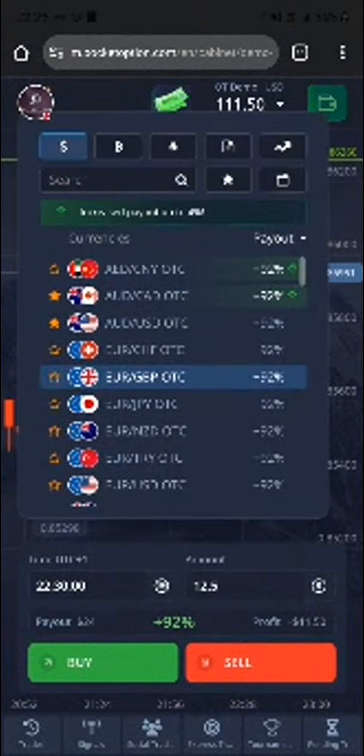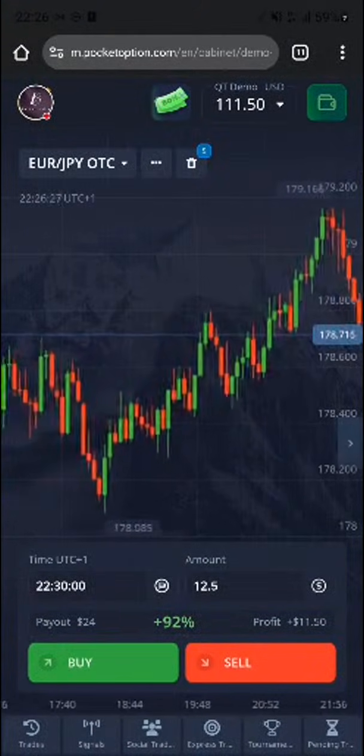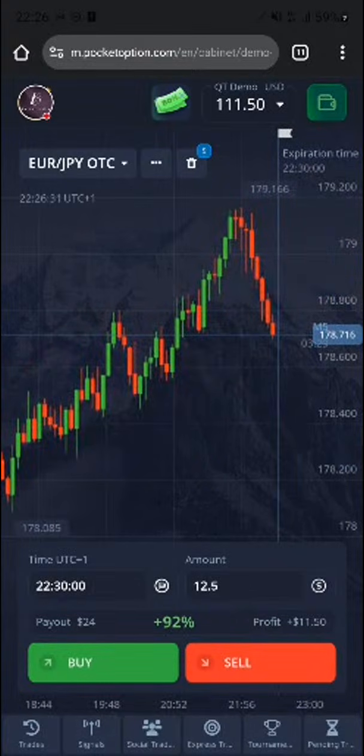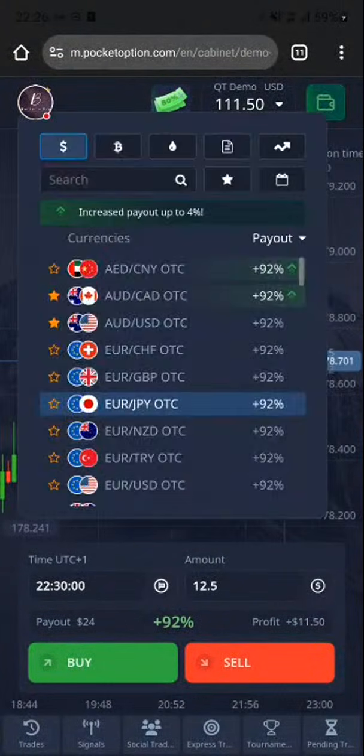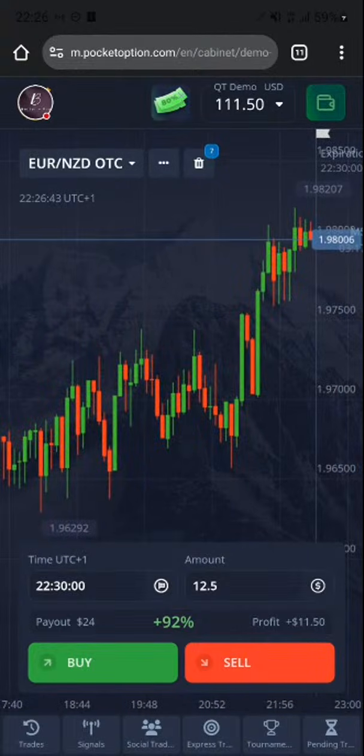Let's look for another one. Now, one thing with M5, it might take a while to find a very good trade, because each candle you have to wait for like 5 minutes to close. So one might be searching through a lot of markets.